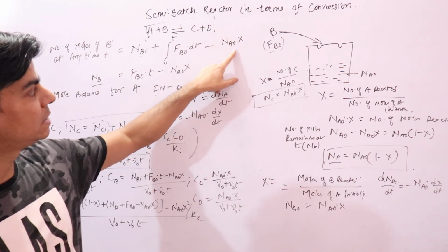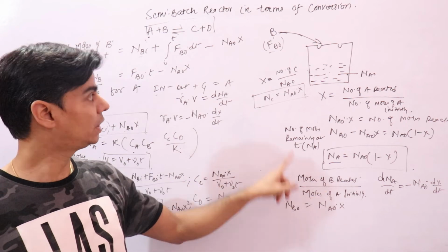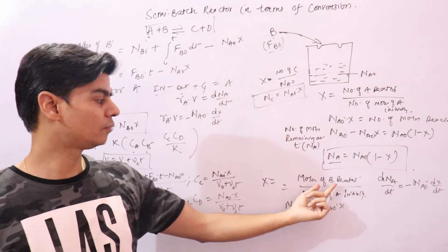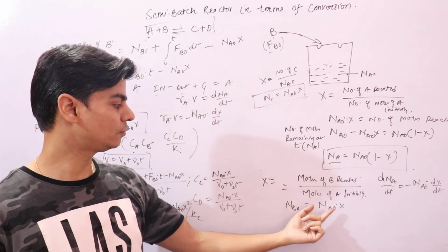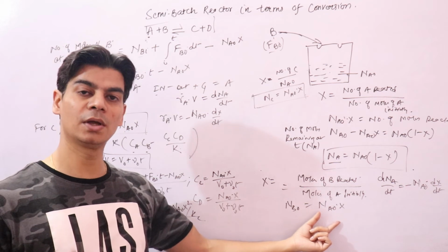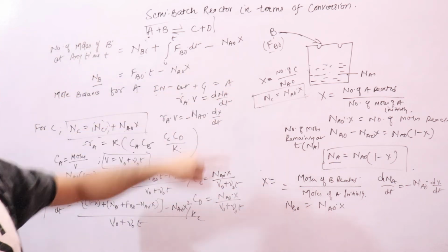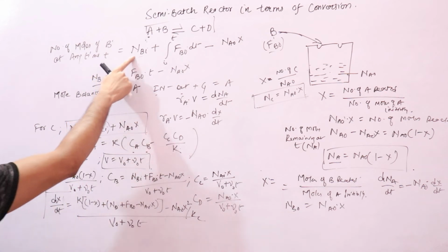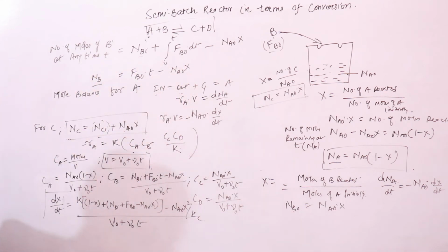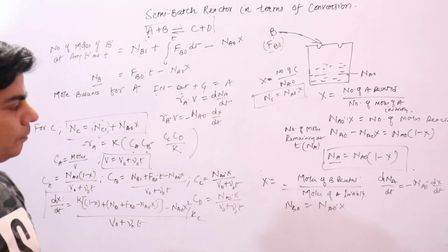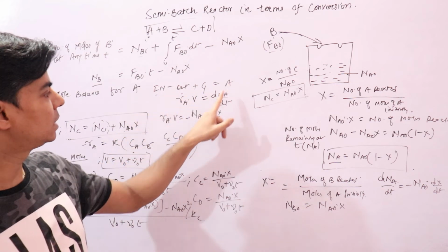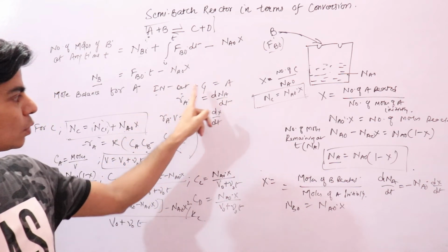We have calculated the number of moles of B reacted in terms of conversion X and in terms of reactant A, so minus Na0x. So NB would be this; the initial term is 0, and you have got this. Now we'll do a mole balance on A. Mole balance is in minus out plus generation equals accumulation, and you got this. This is what you will get.